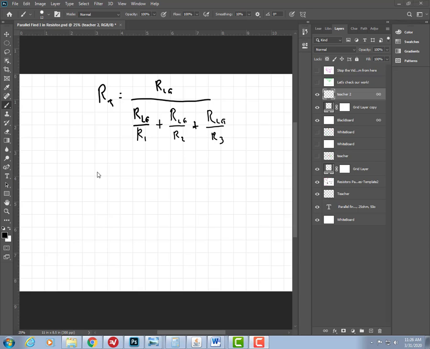Let's see if this formula will work. Let's break this down. We have R large in the bottom configuration, so we're going to extract that.